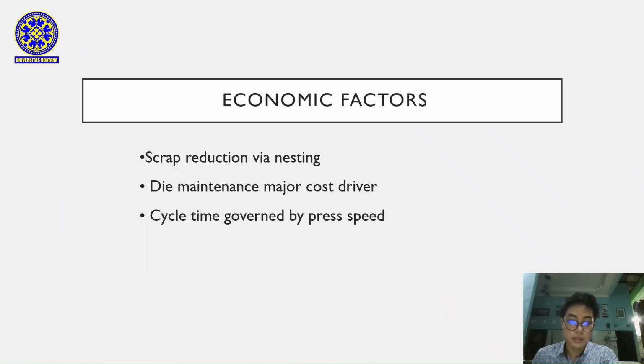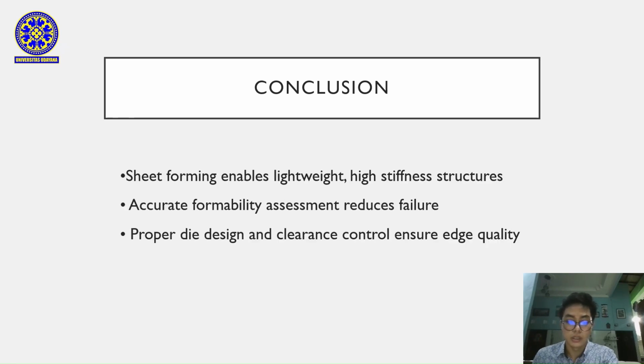Economic feasibility depends on minimizing tooling wear, optimizing scrap layout, and limiting forming stages. Die cost dominates capital expenditure, justifying high volume production for complex stamping. Automation further reduces cycle variability and enhances throughput.